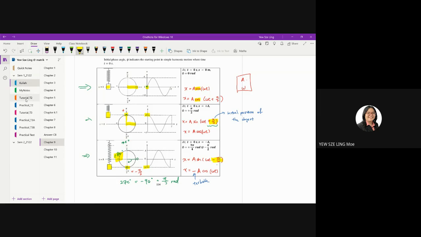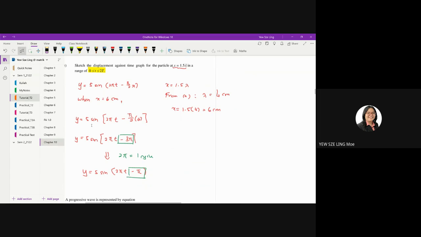Now let's go back to the question. Now that I have the general equation, let's say this is my equation, so I'm going to sketch it. Again, I'm going to show you the 3-step method so that you can understand how to sketch a graph when there is an initial phase angle.